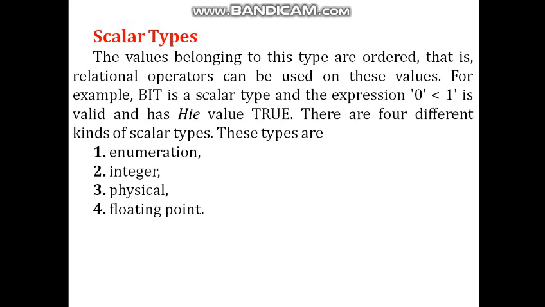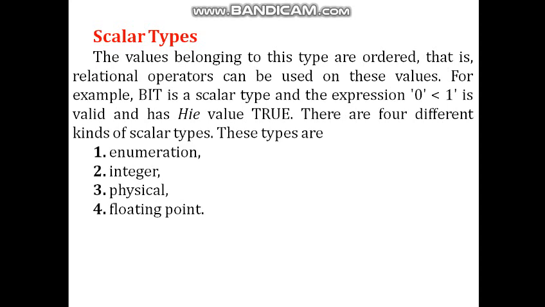Further, the enumeration and integer types are called discrete types, since these types have discrete values associated with them. Every value belonging to an enumeration, integer or physical type has a position number associated with it. This number is the position of the value in the ordered list of the values belonging to this type.